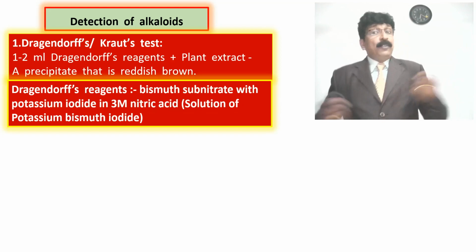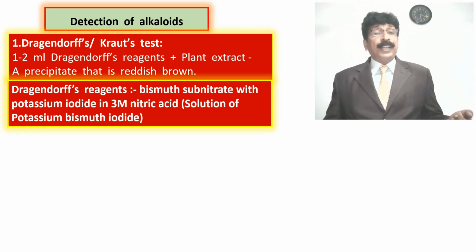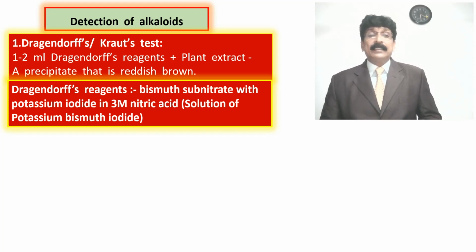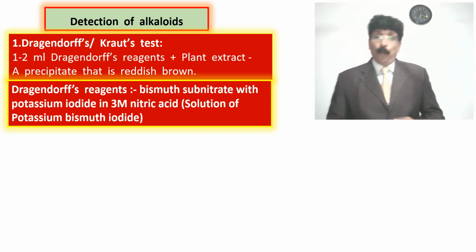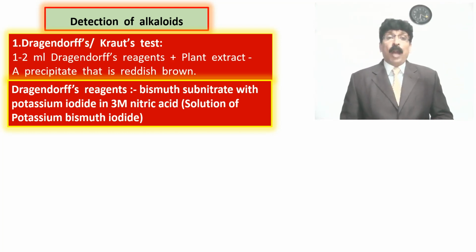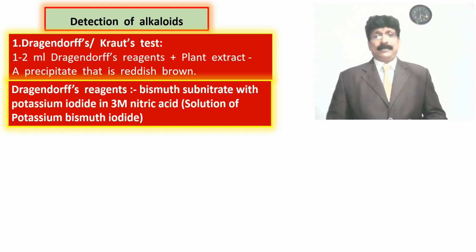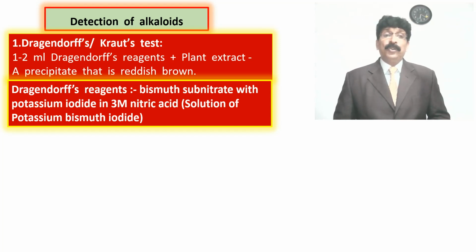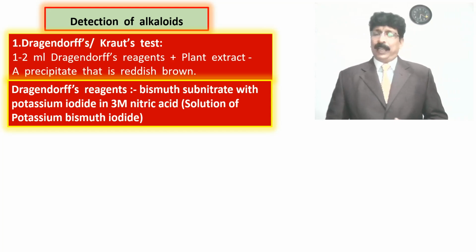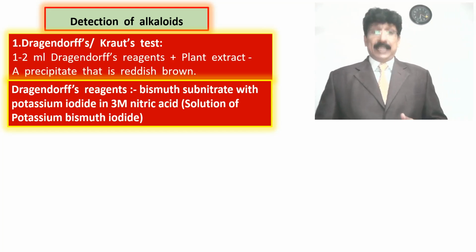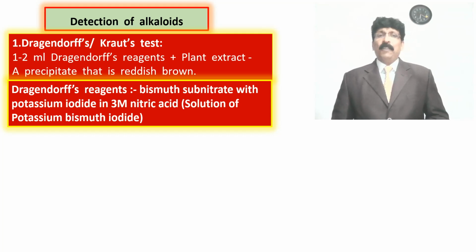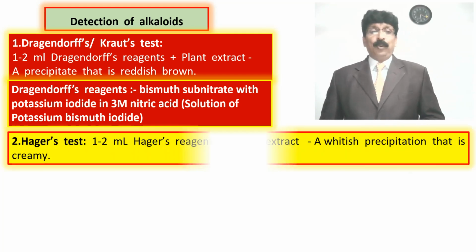But you should know what Dragendorff's reagent is. It is bismuth subnitrate with potassium iodide in 2 molar nitric acid. Otherwise, very simply, you can say Dragendorff's reagent means a solution of potassium bismuth iodide.